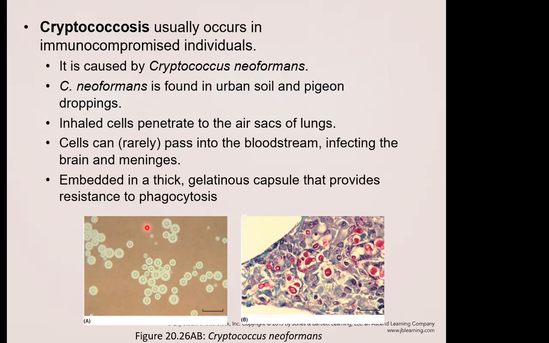So this is different from a biofilm. A capsule belongs to an individual cell. Those can fuse to form a biofilm. But this capsule makes it hard for macrophages to eat them by phagocytosis. And you can see the capsule here. So the capsule is going to make it hard to recognize the bacterium.